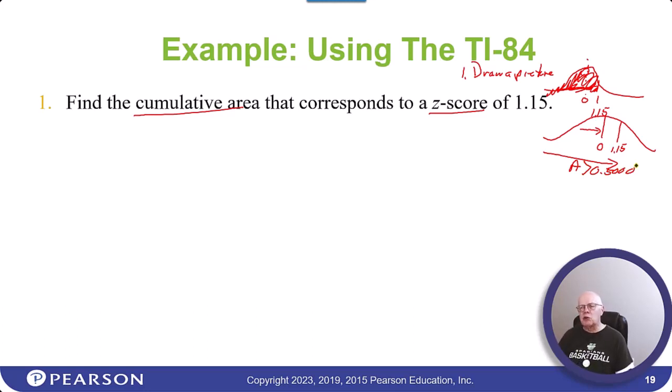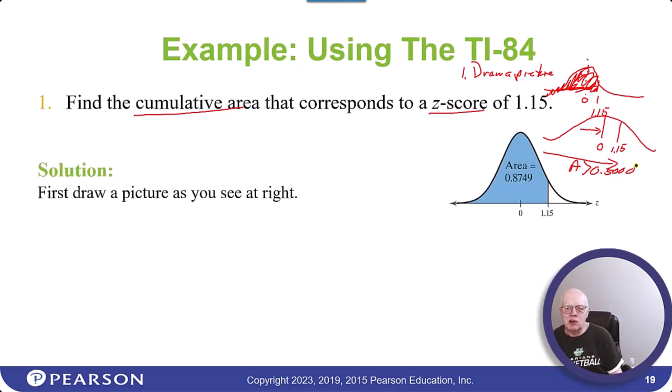So whether you use a table or your calculator, when you get what you think is your answer, make sure it's over 0.5. There's your picture, and there's your area, the 1.15 to the right of 0, of course. And the area, again, is not only more than 0.5, it's a lot more than 0.5.